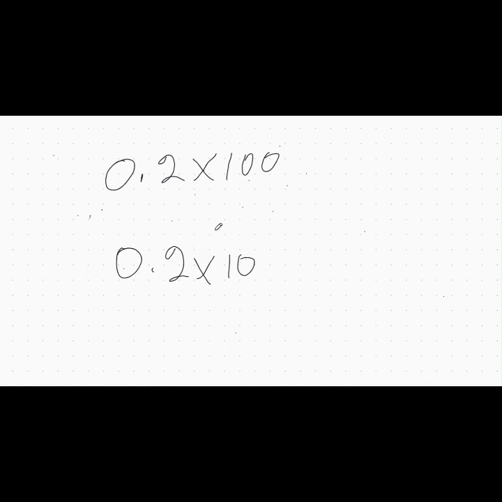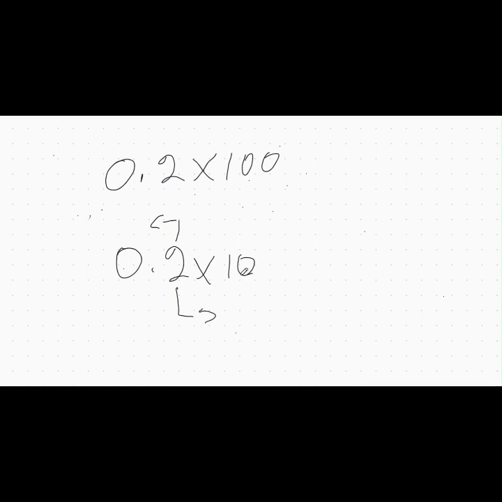When you are multiplying, your number is going to go over one place for every 10 that you're multiplying it by. Likewise, your decimal will go to the right one place for every 10 that you multiply your number by.